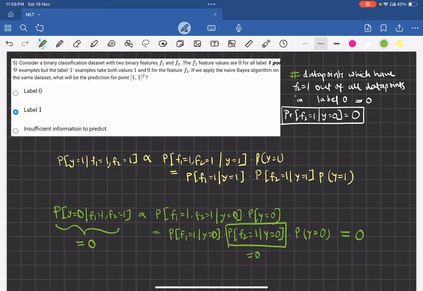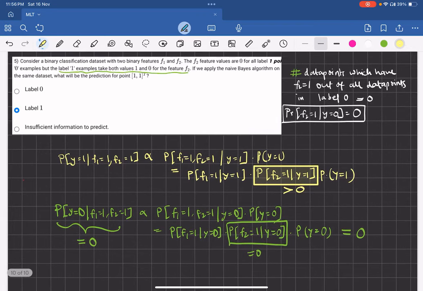Now we are also told that the label 1 examples take both values 1 and 0 for the feature f2. What does this mean? This means that this guy here is non-zero. In fact, this is strictly positive, because it takes both values 0 and 1. So we know this is positive.